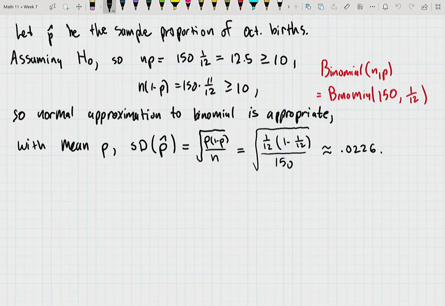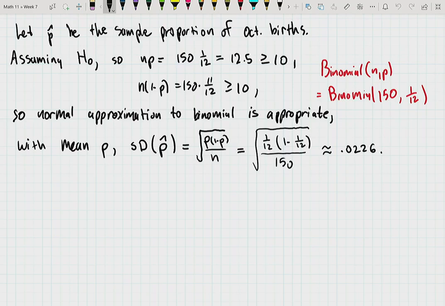Okay, so now, similar to how I would calculate a confidence interval. By the way, one difference between this and a confidence interval you might notice is I have the actual standard deviation.